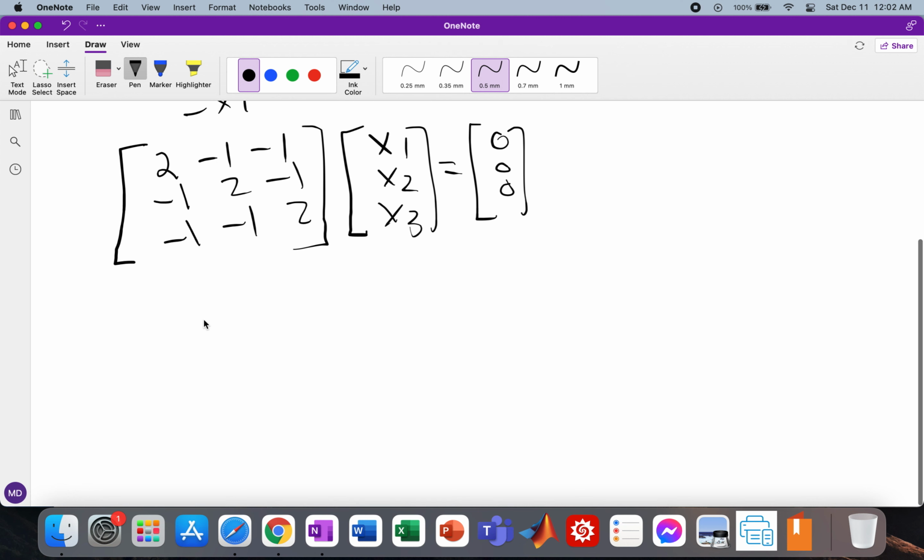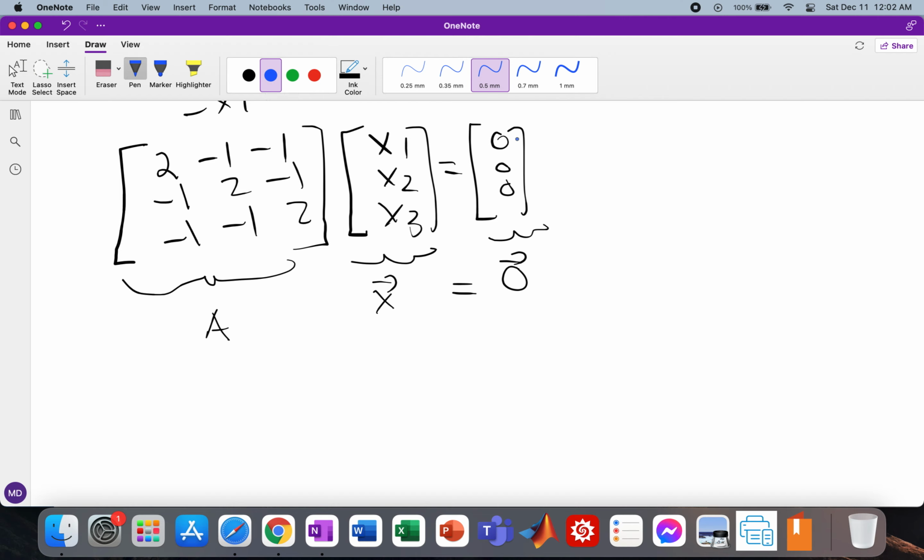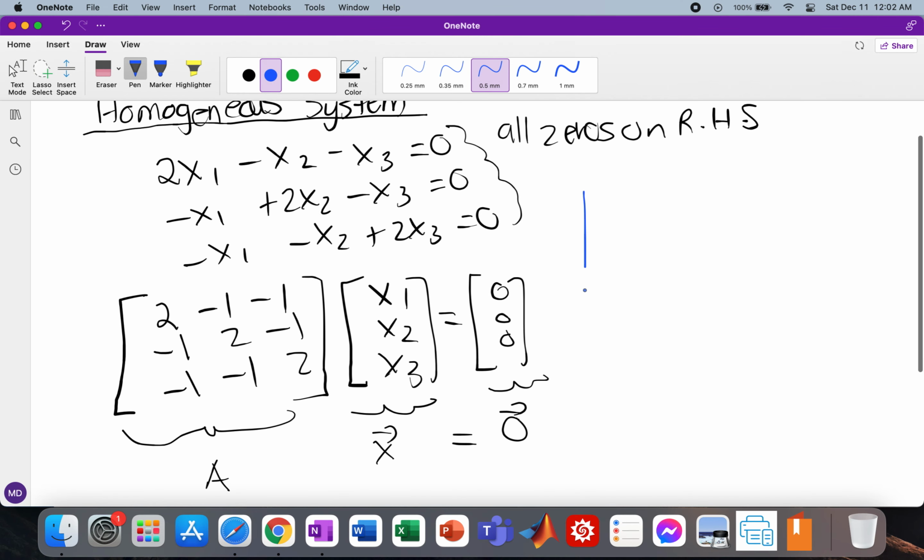In the language of linear algebra, this is our A, this is our x, and this is our 0 vector. So homogeneous systems are of the form Ax equals 0, with matrix A and vector x we're trying to solve for. That's what a homogeneous system is.